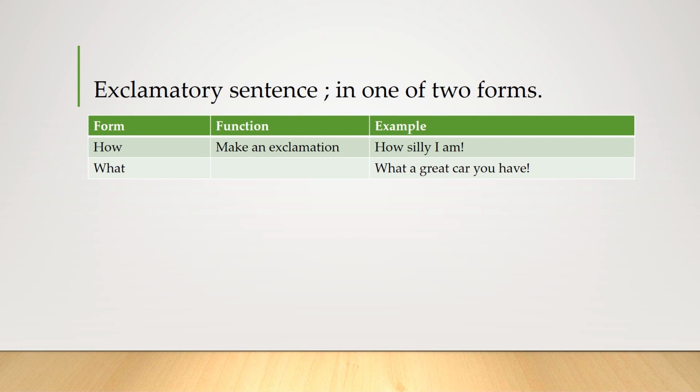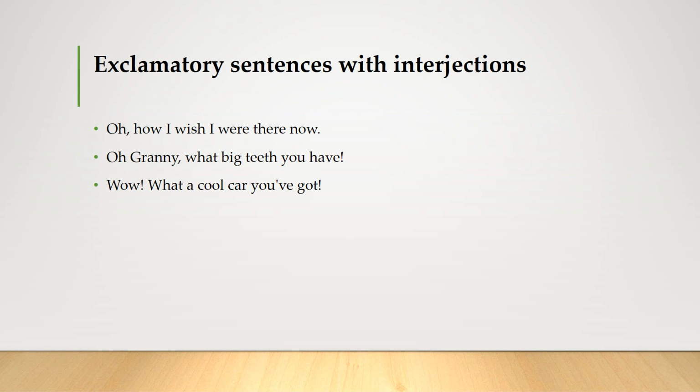Exclamative sentences can be in any tense. Sometimes we may reinforce an exclamative sentence with an interjection in front of it. For example, God, oh, wow. These are the examples. Wow, what a cool car you have got.